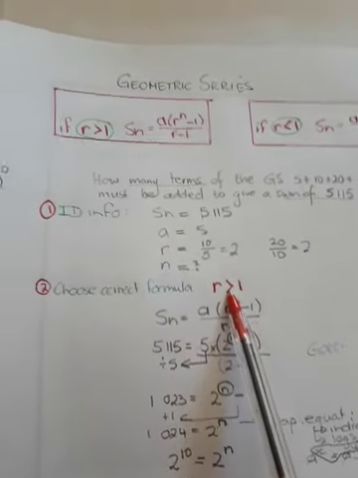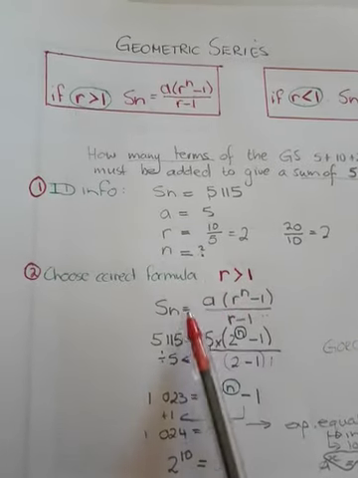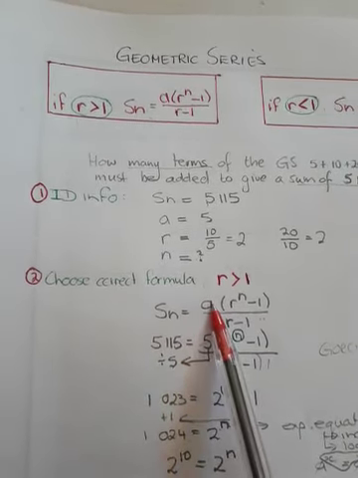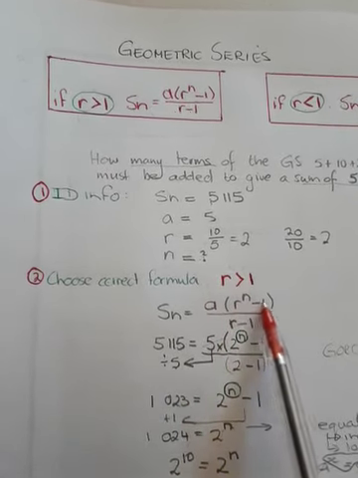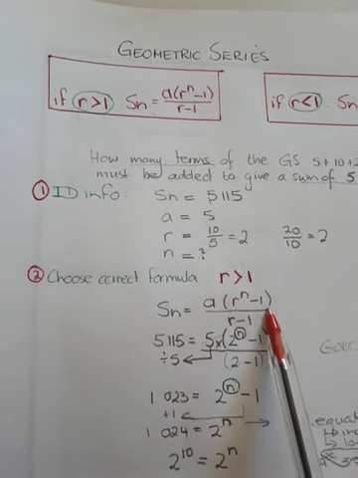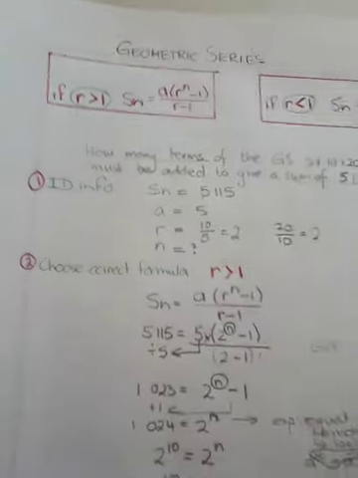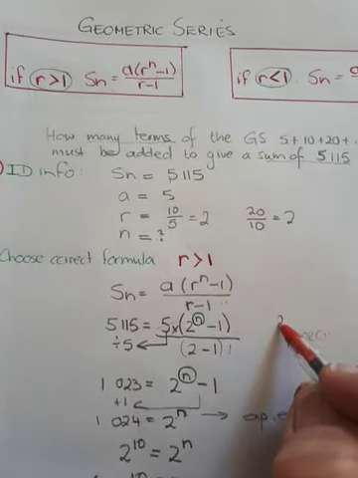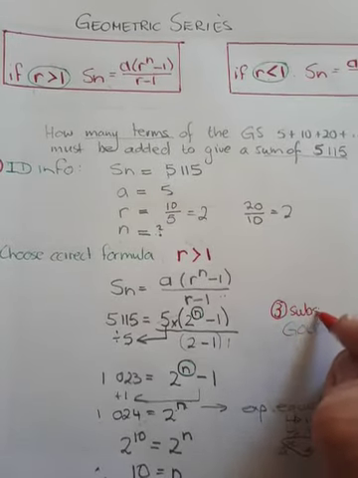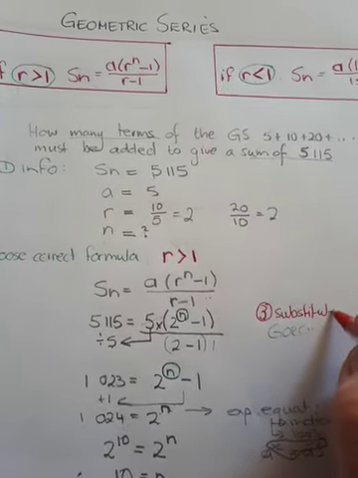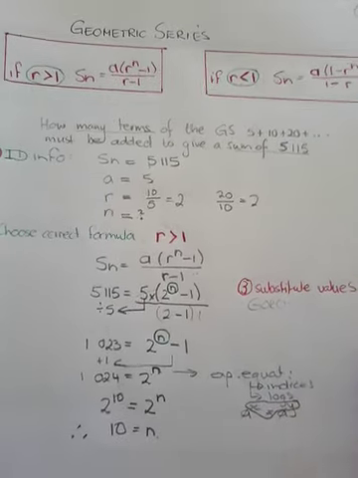We're going to use the one where R is greater than 1, okay, which is Sn equals A, then bracket R to the power of n minus 1 over R minus 1. In fact, this is step 3, you will substitute the values, which you have identified already.